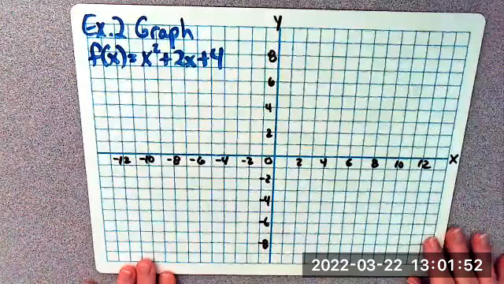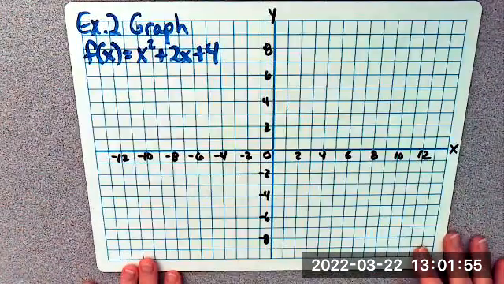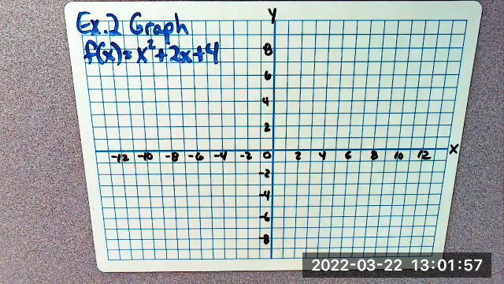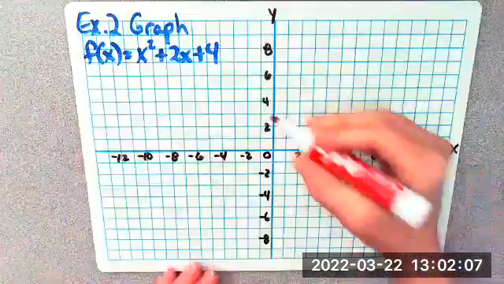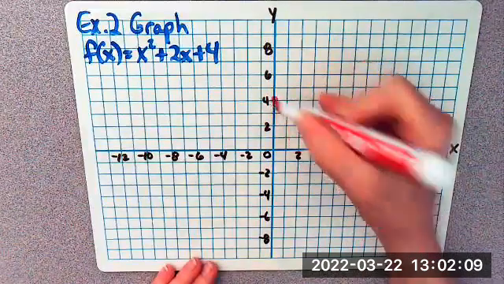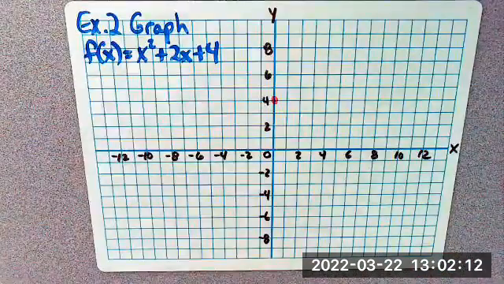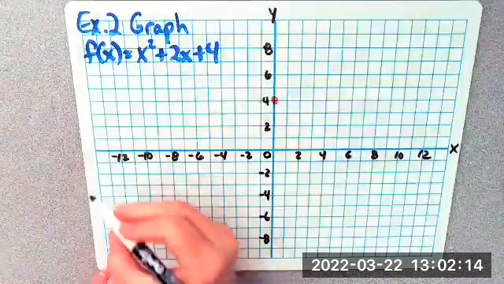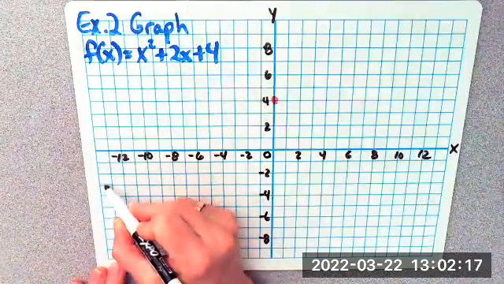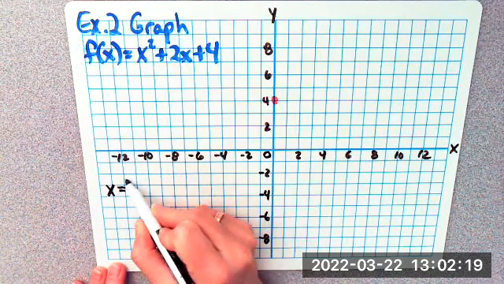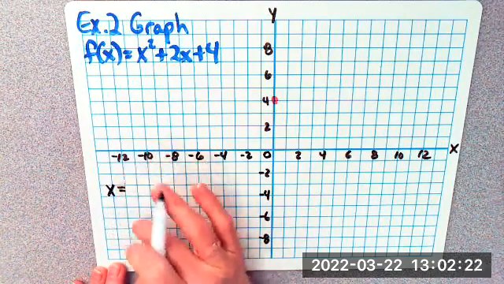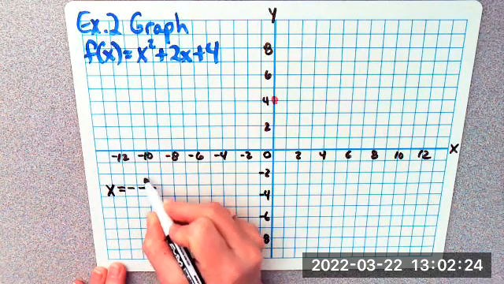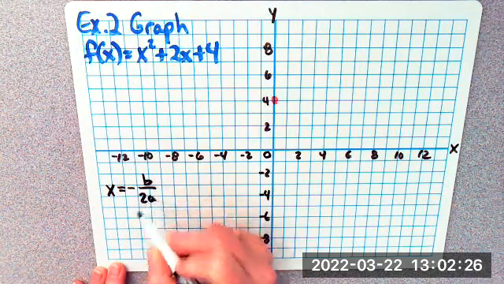So this one we want to graph f of x equals x squared plus 2x plus 4. So we know we have 1 point, the 4. So we have a y-intercept right here. So that's 1 point. Now we want to find the axis of symmetry. So we have x equals negative, let's put the negative in line with a fraction bar, b over 2a.